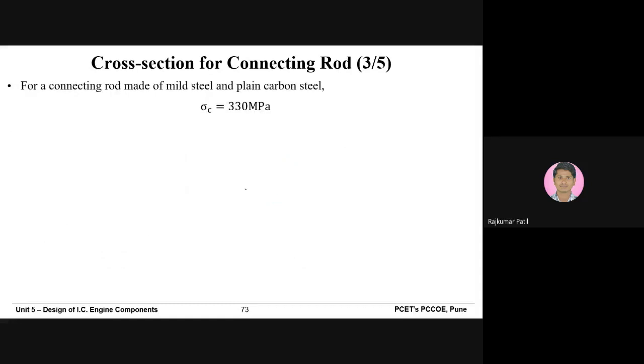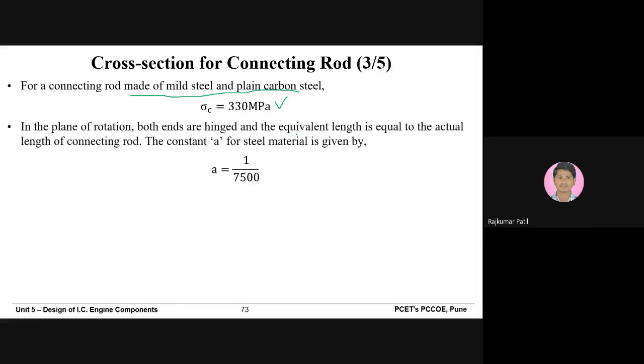Now there are some empirical relations or some known values. For connecting rod made of mild steel or plain carbon steel, generally sigma C is taken as 330 megapascal. In the plane of rotation, both ends are hinged and equivalent length is equal to the actual length of connecting rod. And here constant A for steel material is generally taken as 1 upon 7500.